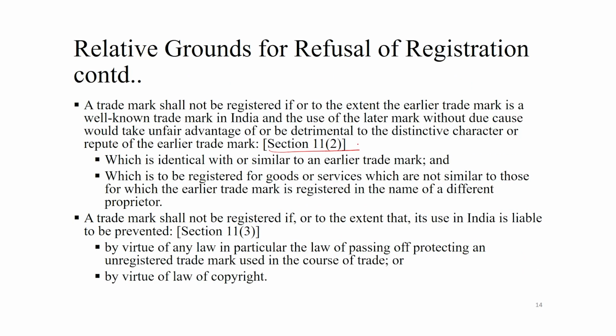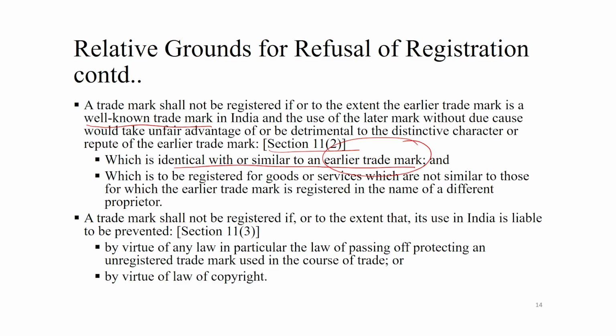But this is crucial, this is important. If my mark is identical or similar to an earlier trademark, and that earlier trademark is a well-known trademark... If it is identical to an earlier mark and the earlier mark is not a well-known trademark, it is prohibited if the goods are similar.